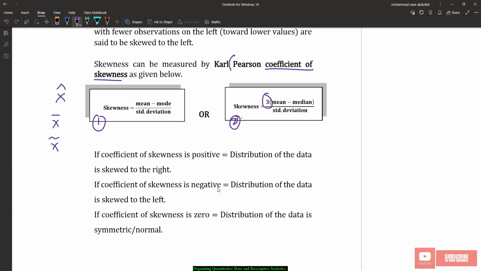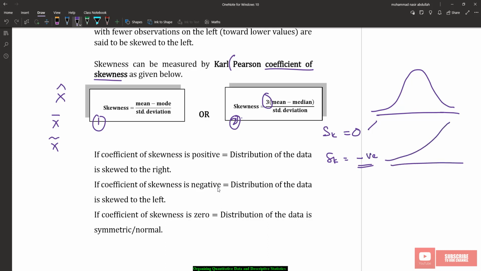If the value of Pearson coefficient of skewness equals 0, it means that it's a normally distributed distribution. If the skewness equals a negative value, any negative value, right, it is skewed to the left distribution. If the skewness value is a positive value, it is skewed to the right distribution.